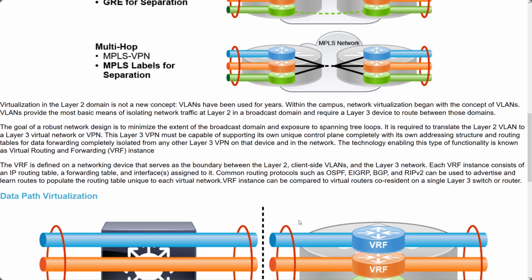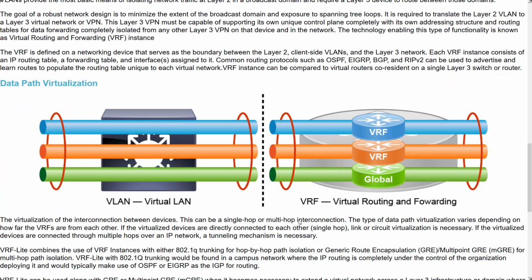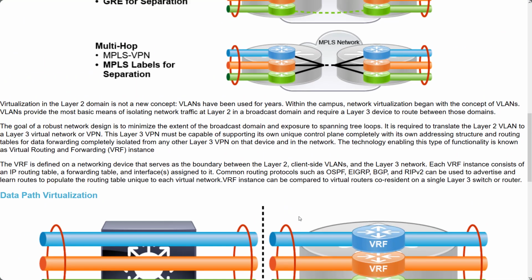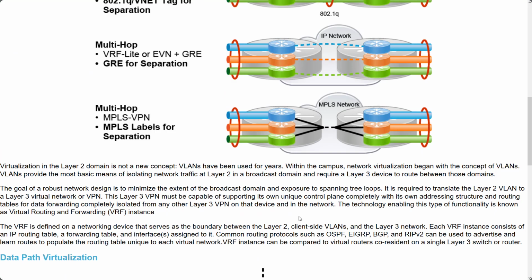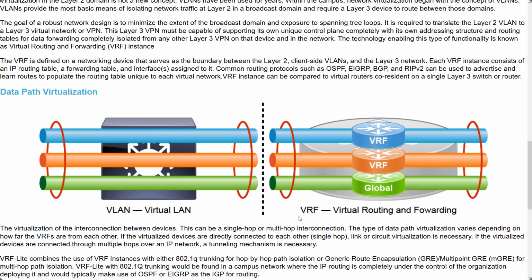When you get into data path virtualization, this is the virtualization of the interconnection between the devices. Again, as the diagram previously showed us, this could be single hop or multi-hop interconnections.